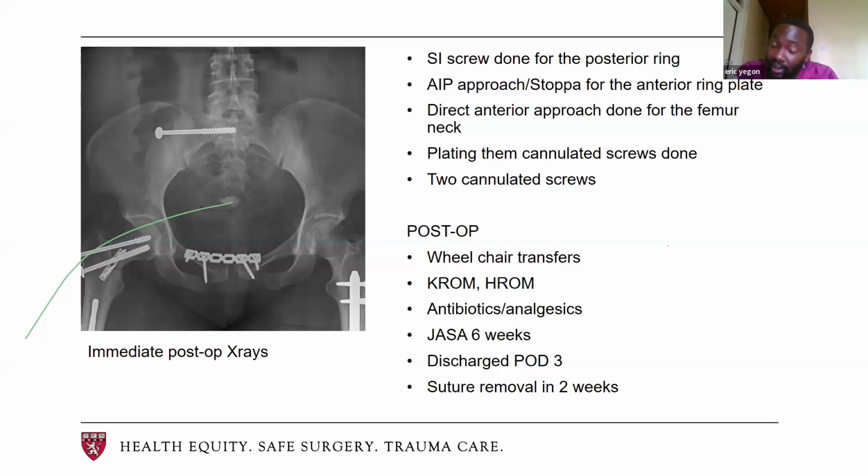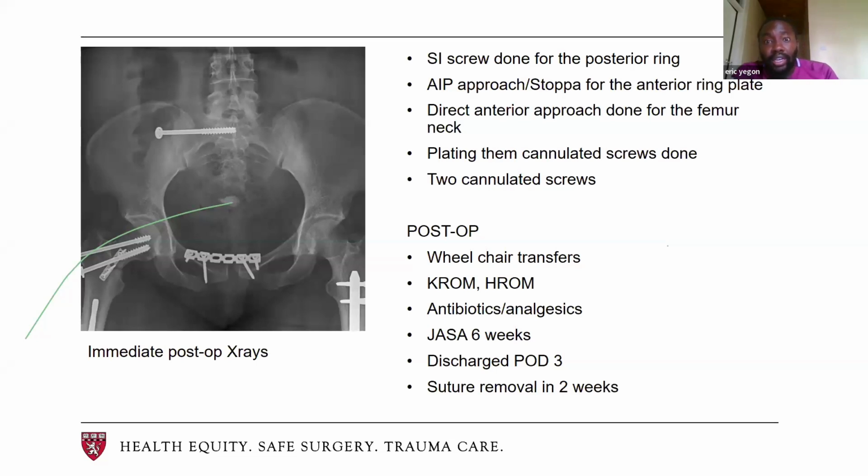Some guys prefer shaft first because you can use that to help you with the reduction. But we've done both, doing the neck first, doing the shaft first, and done well, all of them, you get good fixation, good alignment. But preference, of course, and if your center does prefer the shaft then the neck, it's totally fine.